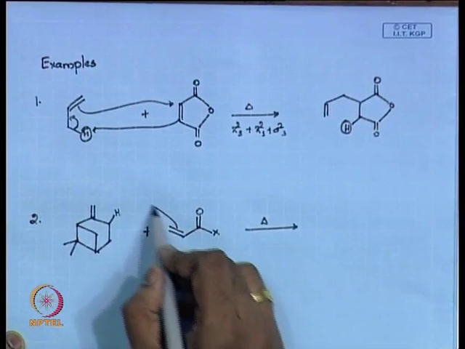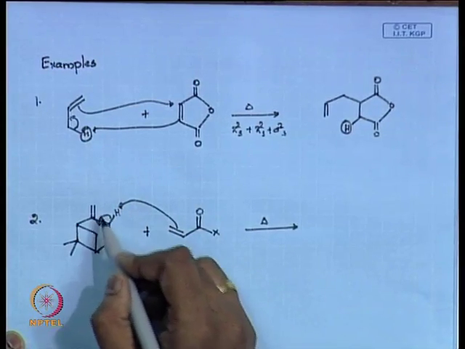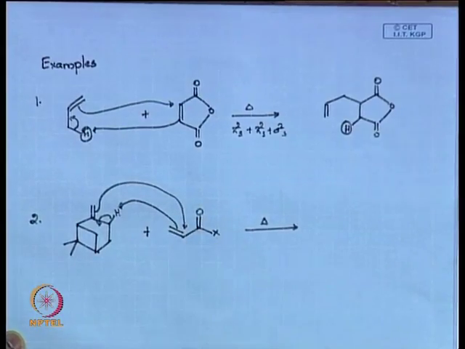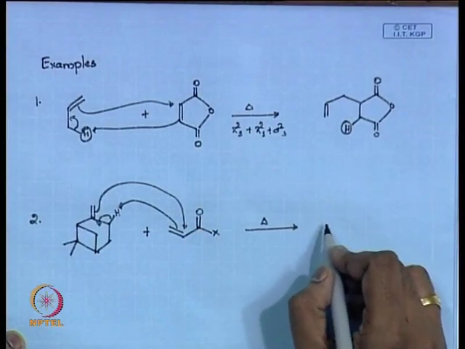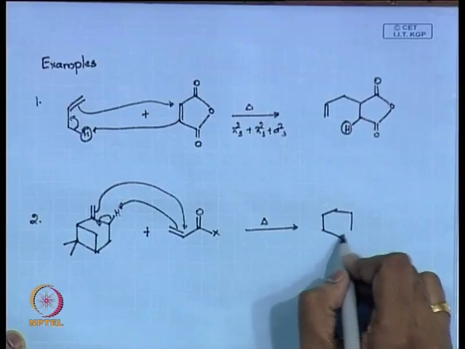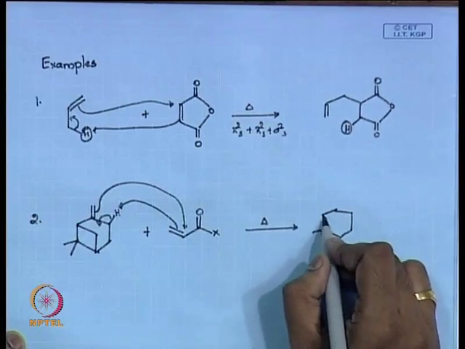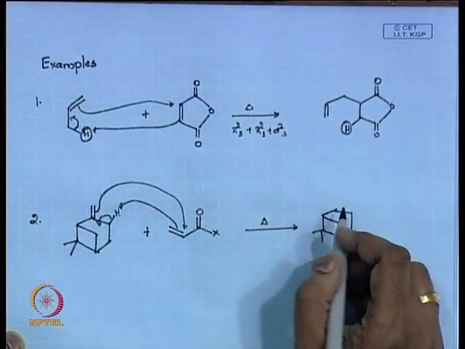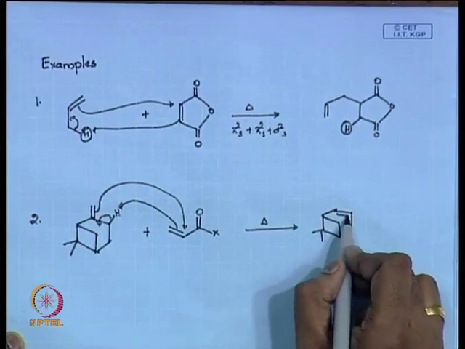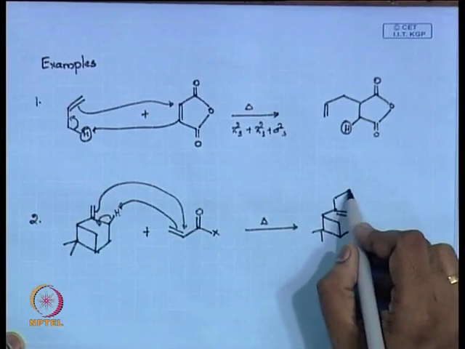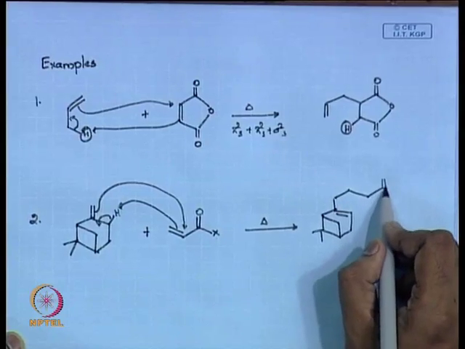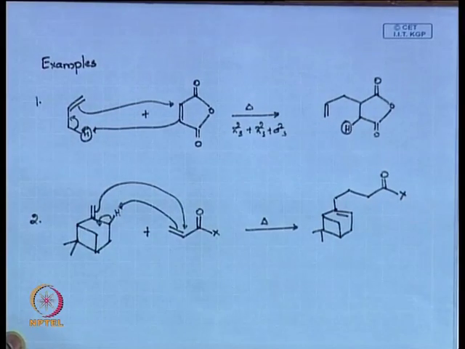This can abstract a hydrogen, this can get here and you can have your reaction. So, you will get a product. I can take these 2 examples which are good for ene reactions, fine.